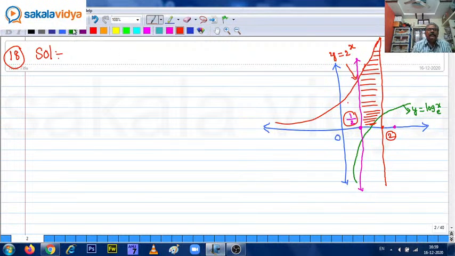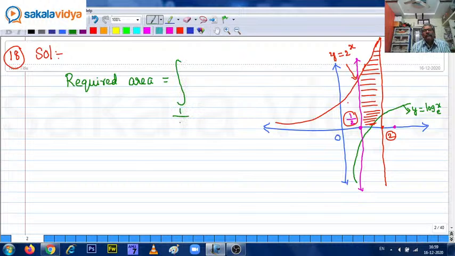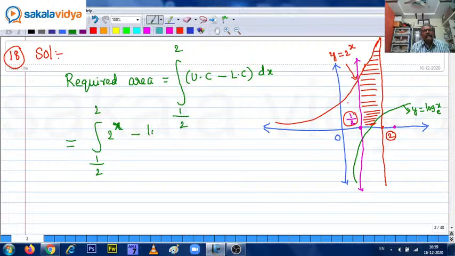So the required area is equal to integral of half to 2, upper curve minus lower curve dx, that is integral of half to 2 of 2 power x minus log x to the base e dx.